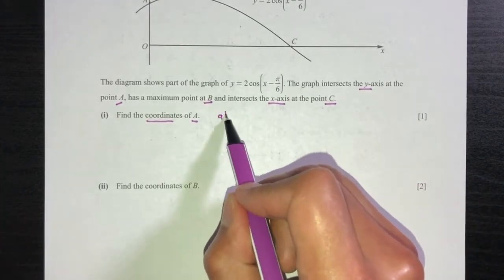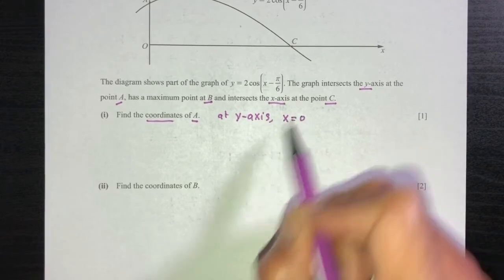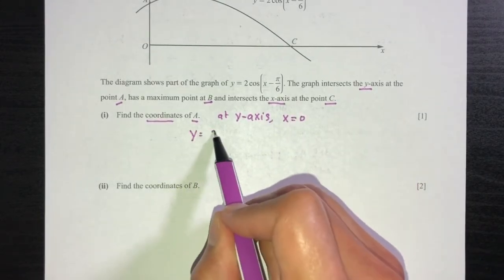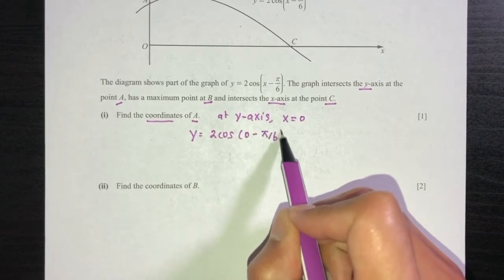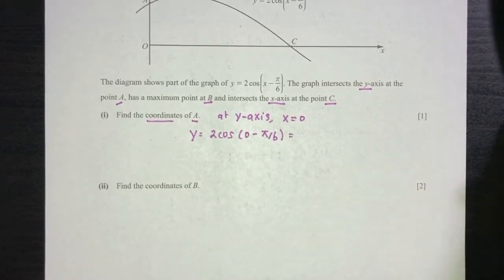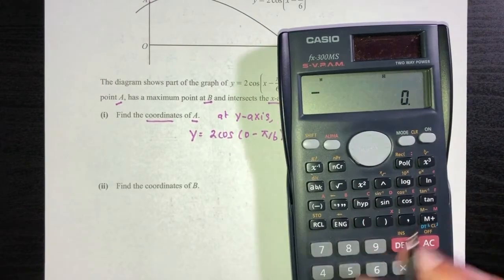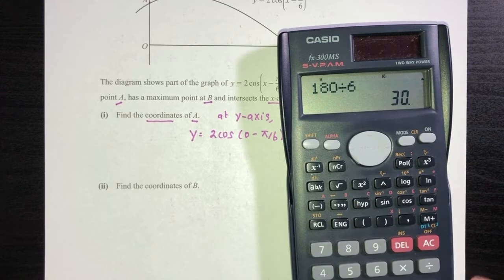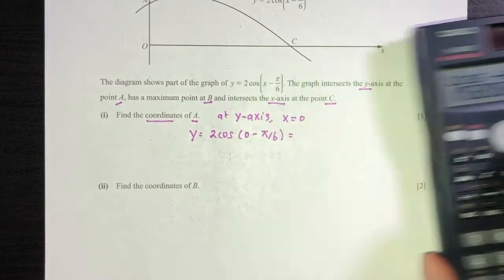We know that at y-axis, the value of x is equal to 0. So y is equal to 2 cos of 0 minus pi by 6. So what is pi by 6? What I like to do is use degrees for some reason. So pi by 6 is 180 divided by 6, which is 30. So 2 cos of minus 30, that should be 1.73.